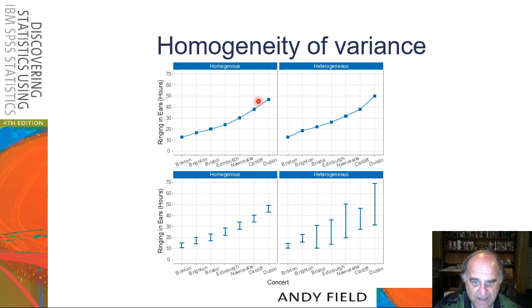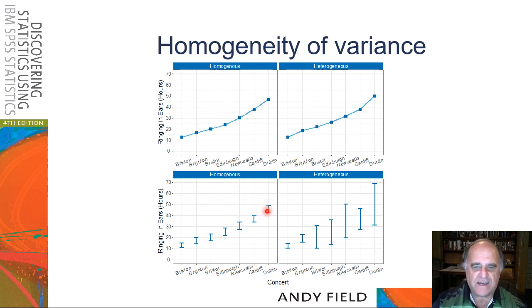So these are our means, and these are our confidence intervals around the means. You can see the confidence intervals stay pretty similar for this comparison. So this would be homogeneous data. Again, these are the means, and this shows you the variance.